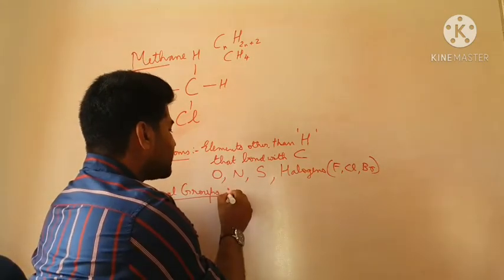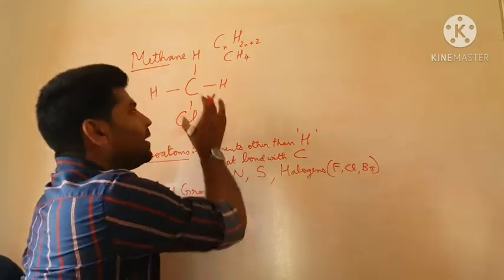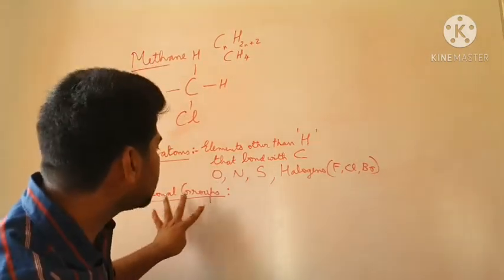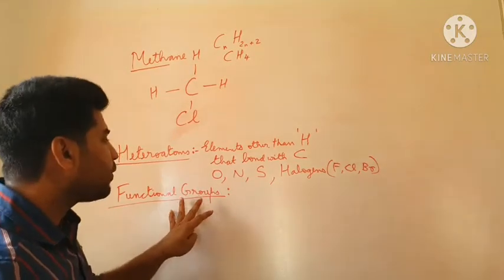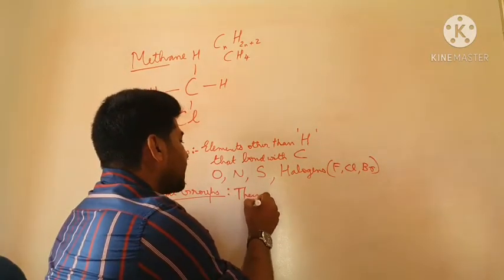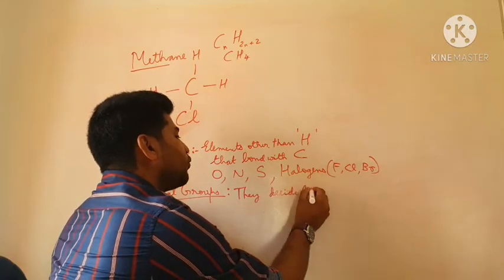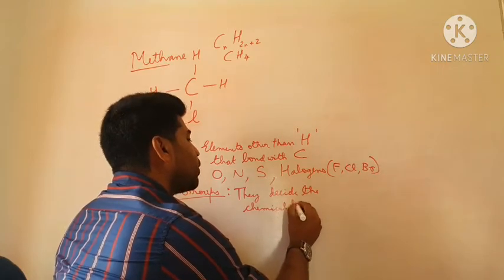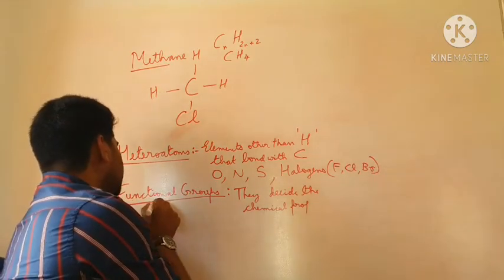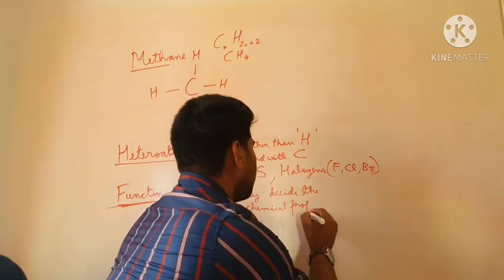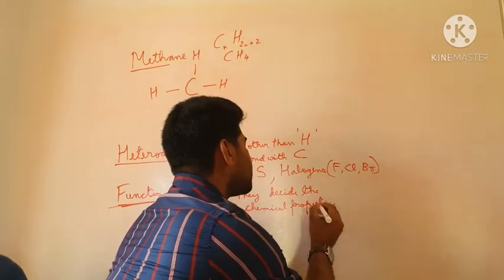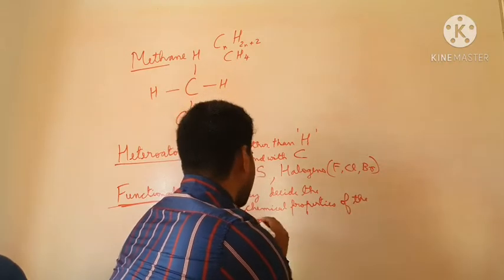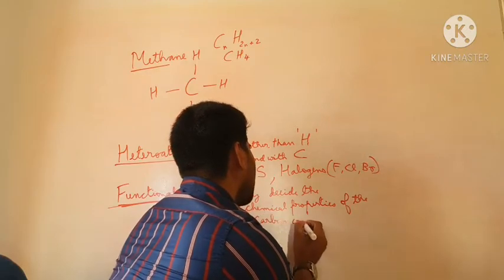Rather than being present as a single individual element attached to the carbon chain, these heteroatoms can form functional groups. They are called functional groups because they decide the functional or chemical properties of the carbon compound. So the function of the carbon compound is decided by these groups. Therefore, they are called functional groups of the carbon compound.